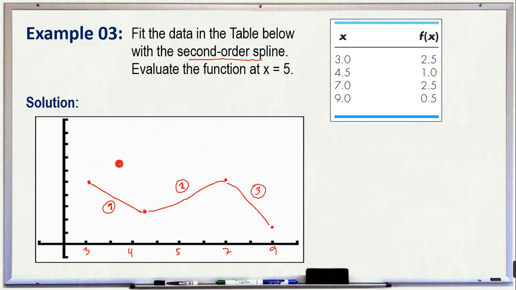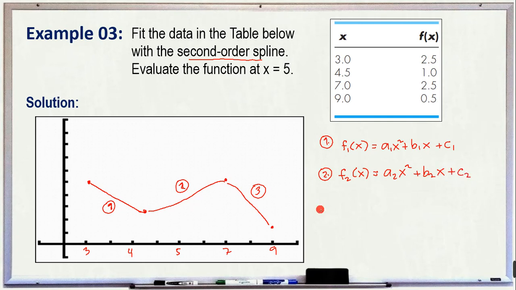So, diri mo niya to ang mga notations. So, for the first quadratic spline, that is f sub 1 of x is equal to a sub 1 x squared plus b sub 1 x plus c sub 1. So, ato ikaduha is f sub 2 of x is equals to a sub 2 x squared plus b sub 2 x plus c sub 2.